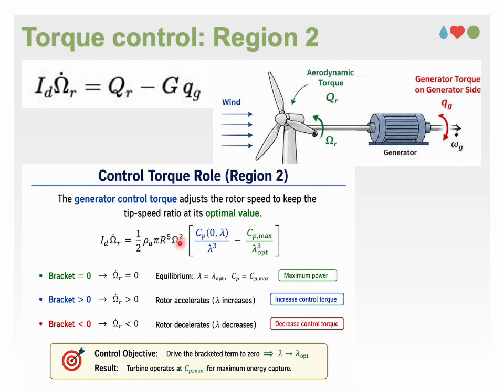The control objective, as shown here, is to adjust rotor speed to keep the tip speed ratio at its optimal value.